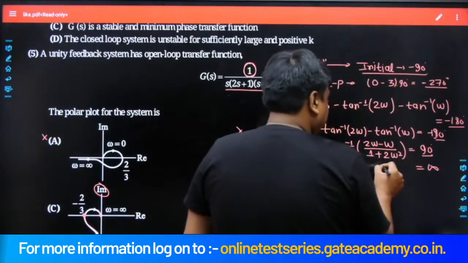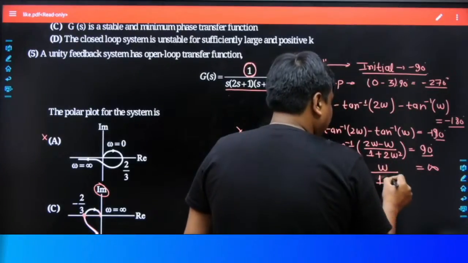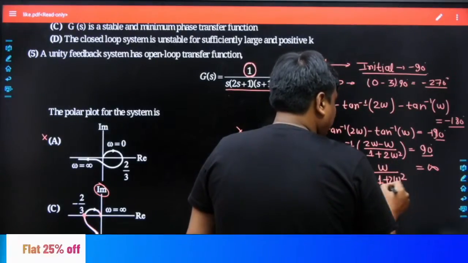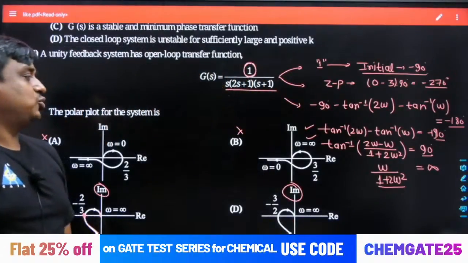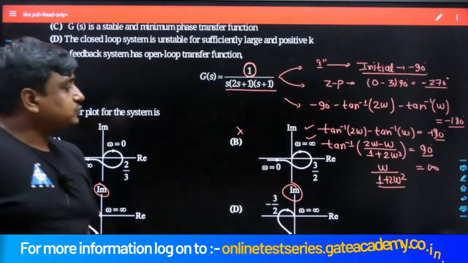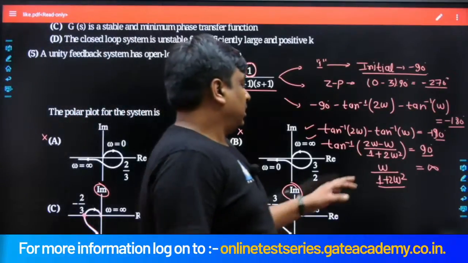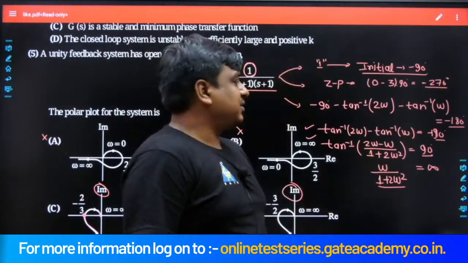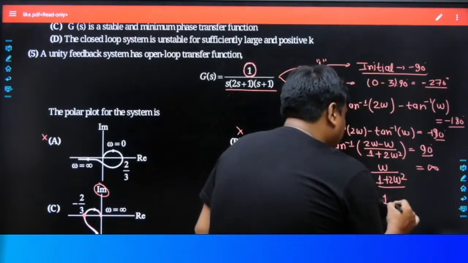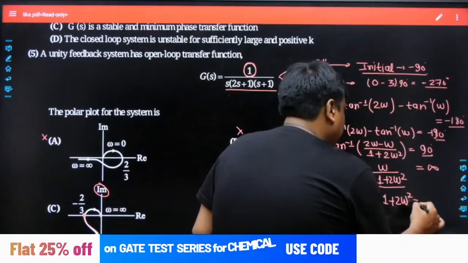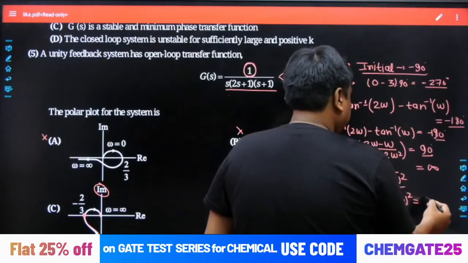So one thing is quite sure, the factor we have here, 1 plus 2 omega square, must be zero. To make the equality, we take the inverse on both sides. Once we do the inversion on both sides, we get this sort of thing, omega.